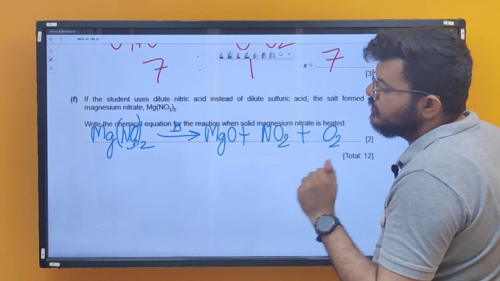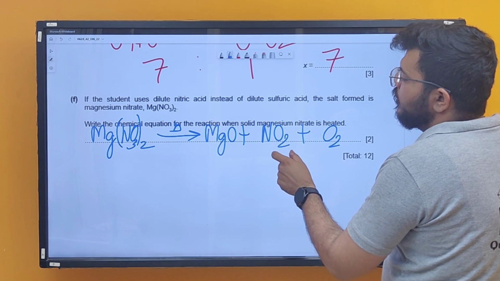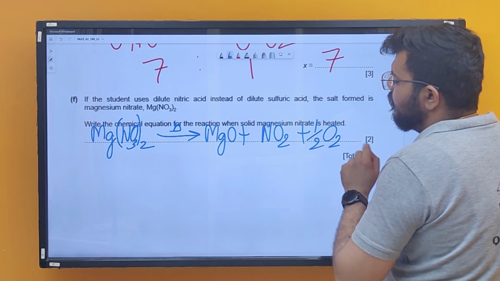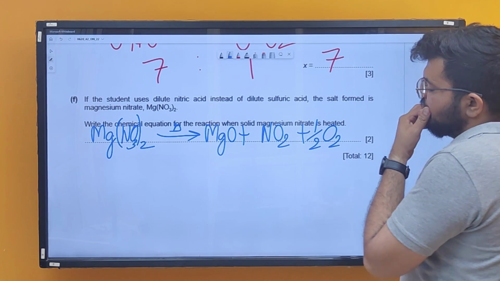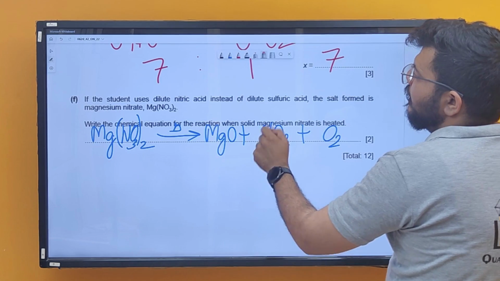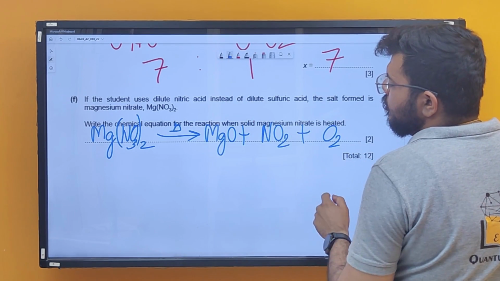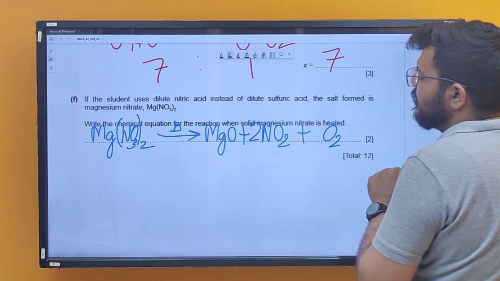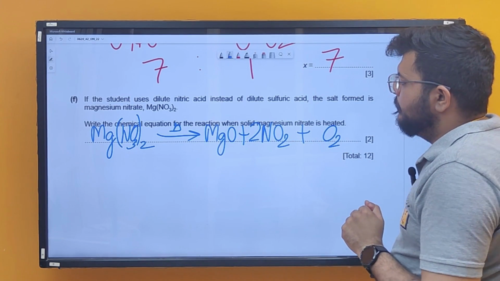Let's balance oxygen. You have 6, 4, 5, 6 and 7. So I multiply half here. Sorry. No. 4 and 5. Right? So if I add 2 here, 4, 5, 6 and 7. Okay.